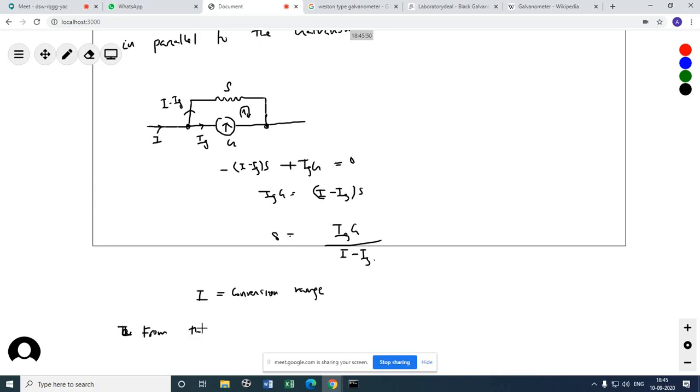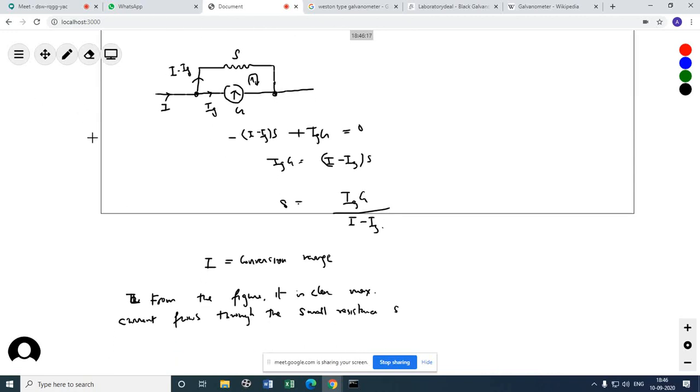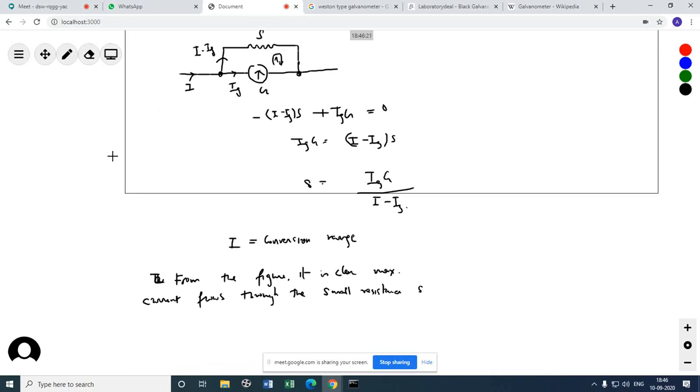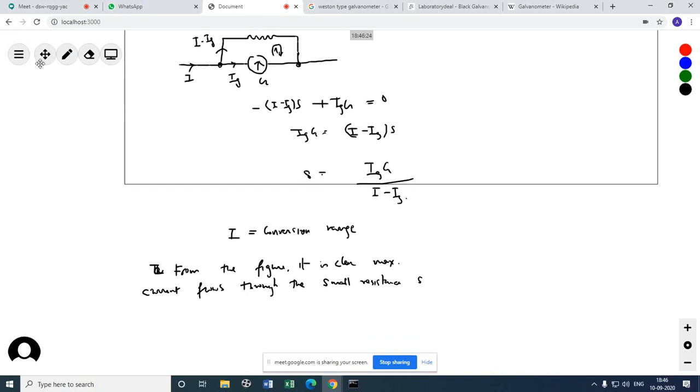As you can see from the figure, it is clear that maximum current flows through the small resistance, the shunt resistance S. That is the purpose of S. So the maximum current goes through it and a very small current passes through the galvanometer, or else it will burn.